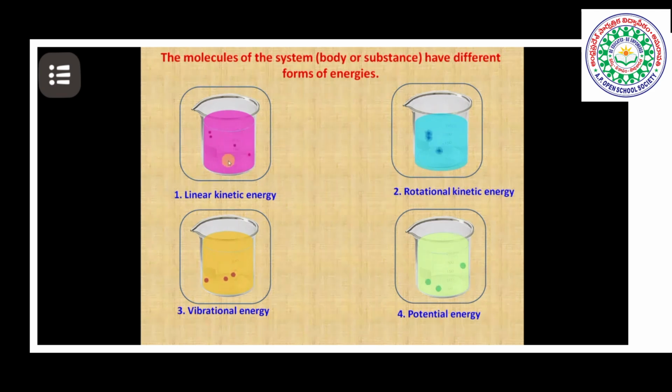Next is rotational kinetic energy. Rotational kinetic energy means the particles rotate; look at the diagram, the figure. Three particles are in rotation, and while rotating they are also in random motion. Some particles have vibrational energy, meaning they vibrate while moving in the substance, the back and forth, to and fro motion of the particles.